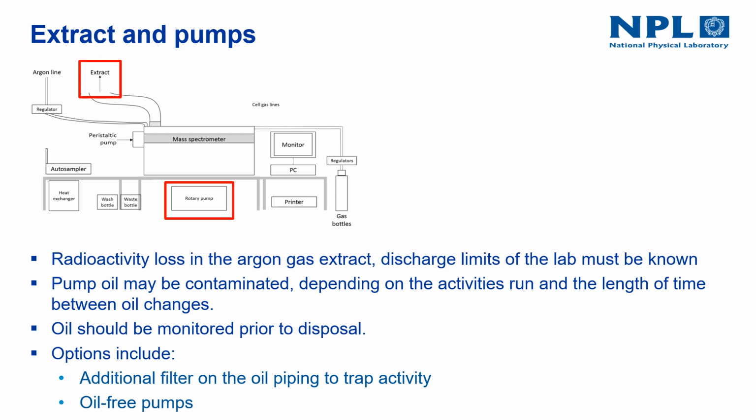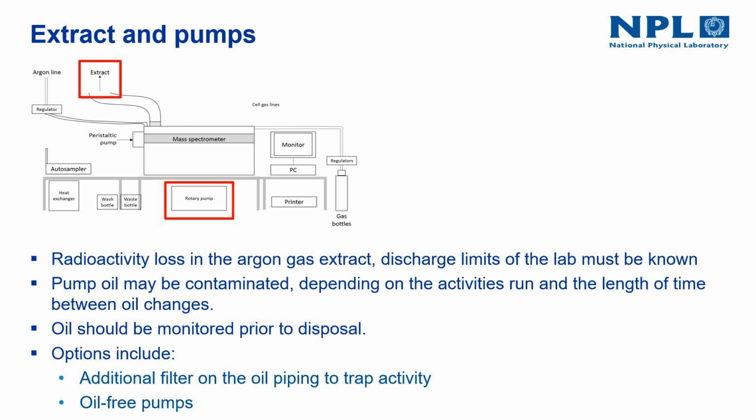Referring back to the earlier diagram, this shows the extract and rotary pump. So that is the extract of argon from the instrument, and the pump that maintains the interface vacuum towards the front end of the instrument. Now, there could be some radioactivity lost in the argon gas extract, and therefore the discharge limits of the lab must be well understood.